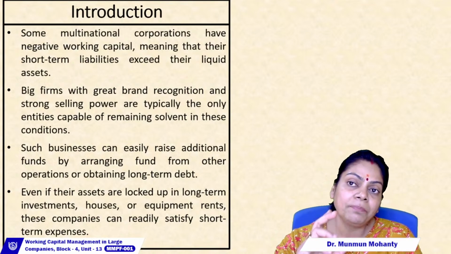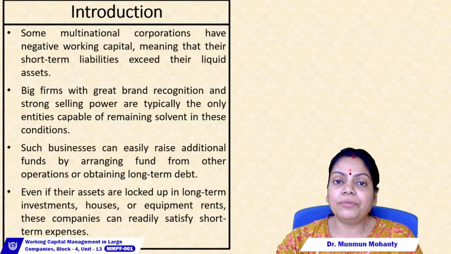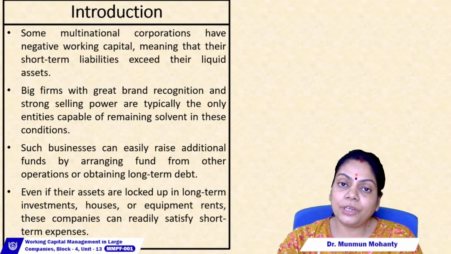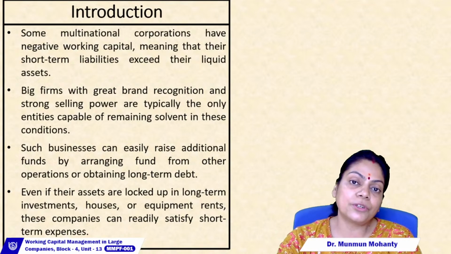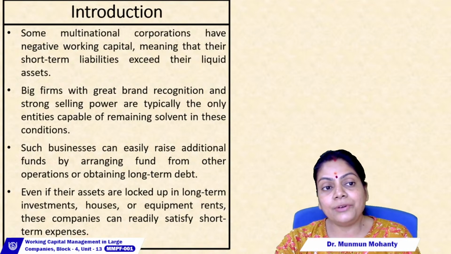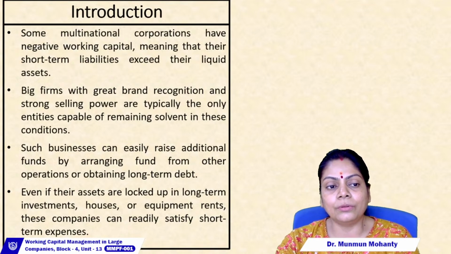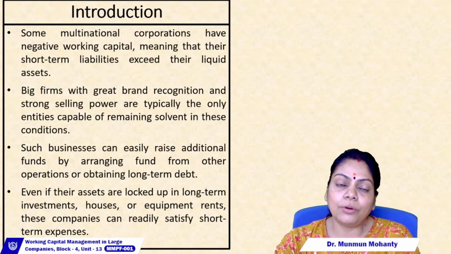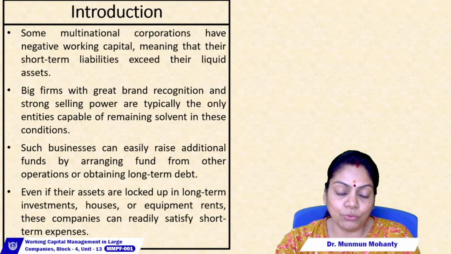Now the point is, these are the two typical problems that we encounter in large corporations. One, the buildup of a huge amount of current assets leading to operational inefficiency. On the other hand, you can force your suppliers to give you credit beyond what they can normally do.